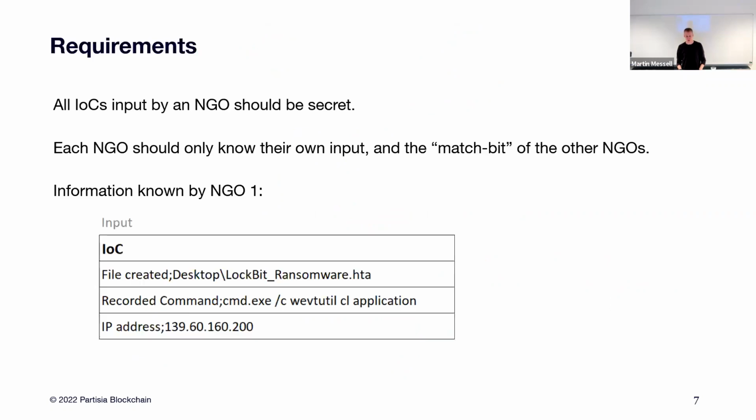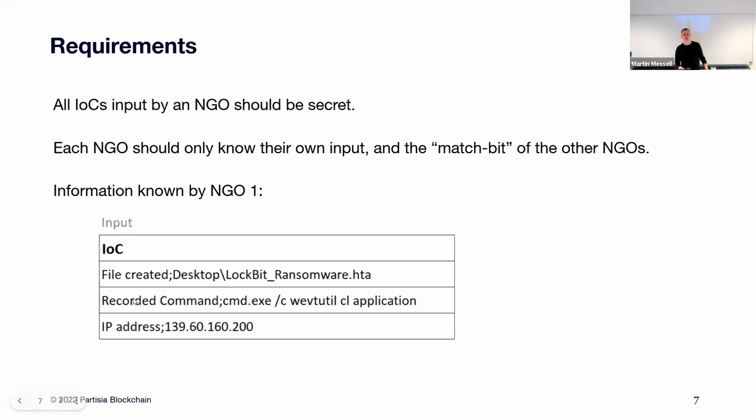So a requirement for this is that all IOCs input by an NGO should be secret, which means that each NGO should only know their own input and the match bit of the other NGOs. As an example, I have here 3 IOCs known by NGO 1.